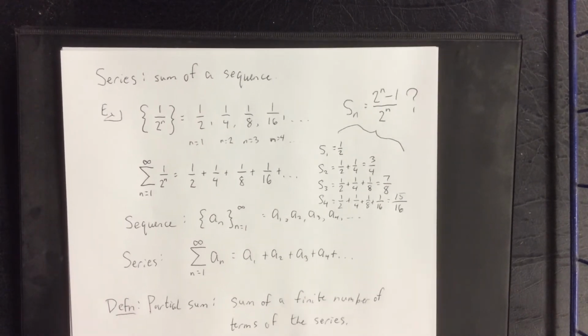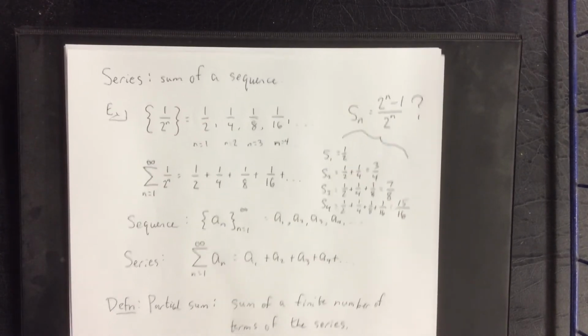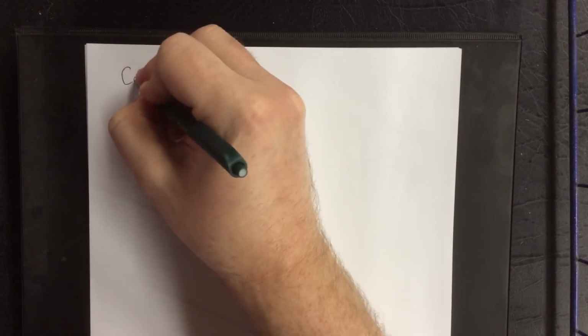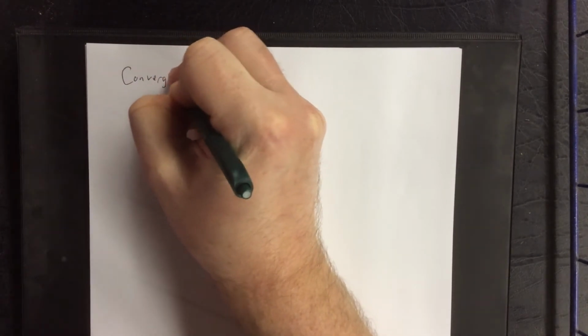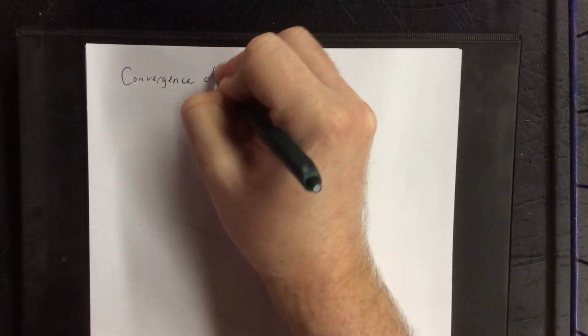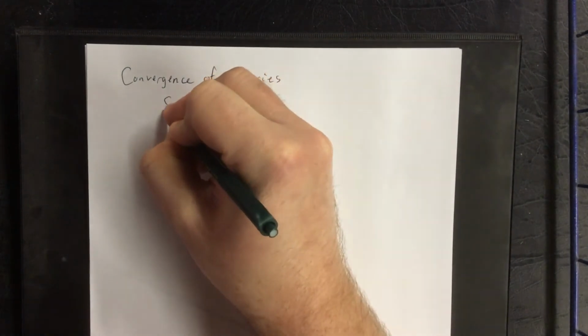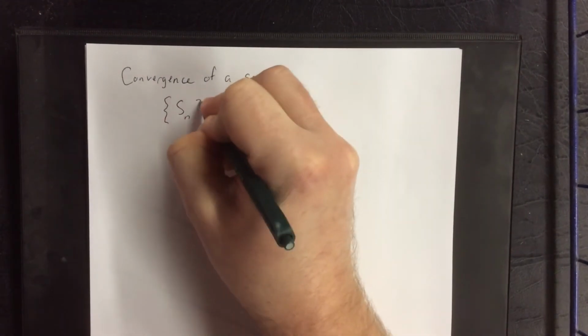To evaluate the sum of a series is simply to take the limit of the sequence that is the partial sums. So convergence or divergence of a series would be to consider the sequence of partial sums.